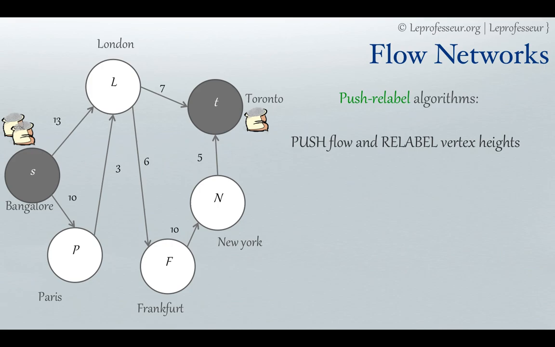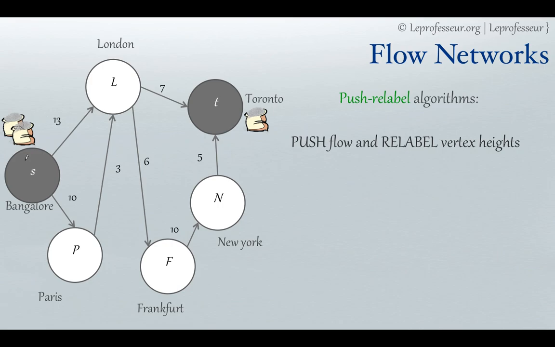As you can see in this example, it's a typical example we were discussing about the flow problem in previous lectures. Let's say you want to send some bags of rice from Bangalore to Toronto, and you have different possible routes available to you. Each route has a different capacity, meaning you are allowed to send only a limited number of bags.